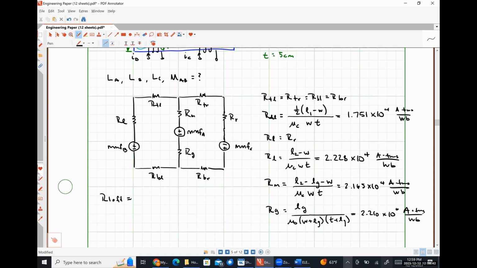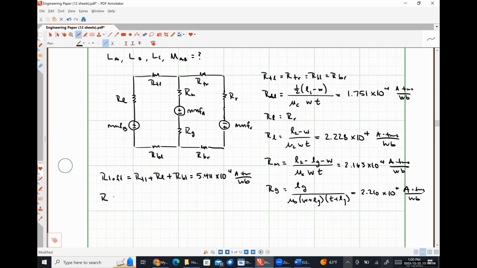I could say that my left leg is the top left plus the left plus the bottom left. This comes out to be 5.411 times 10 to the 4 amp turns per Weber.